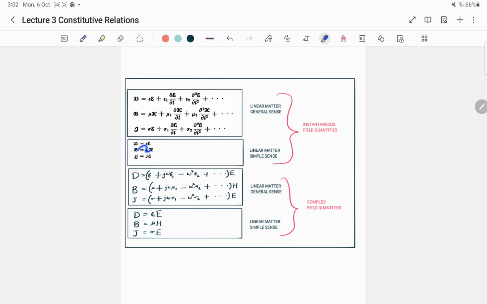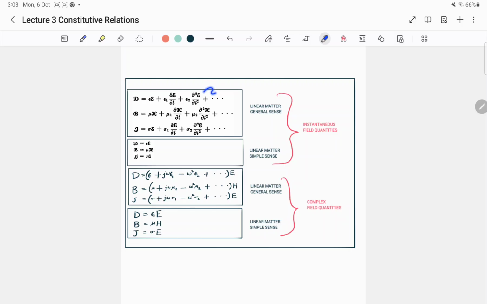We already know the equations of this form, that D is equal to epsilon E, B is equal to mu H, and J is equal to sigma E. These are the equations which we are already familiar with. But they are correct only when the matter is linear and we are calling it in simple sense. We are going to see why we call it simple sense and why we call it general sense.